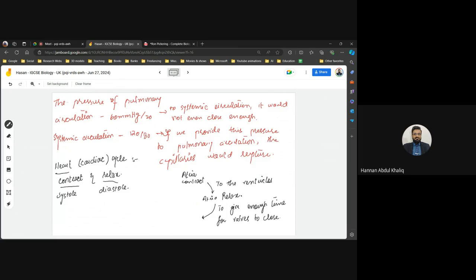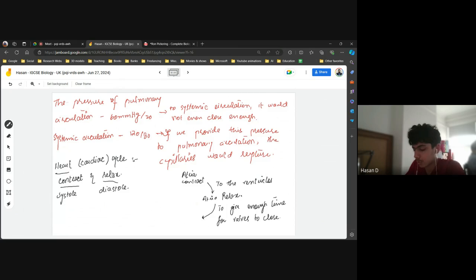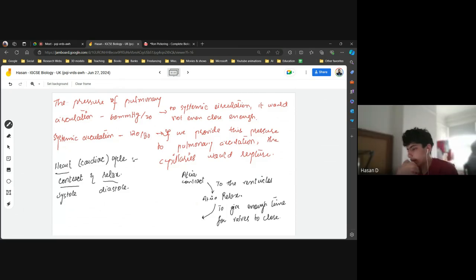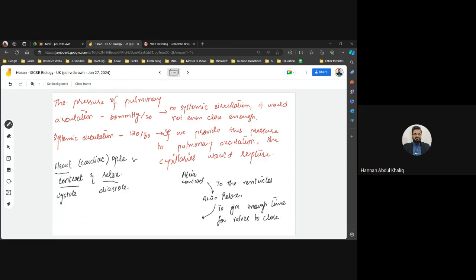And what would be the benefit of it? When the valves close, it stops the backward flow, right? Yes.